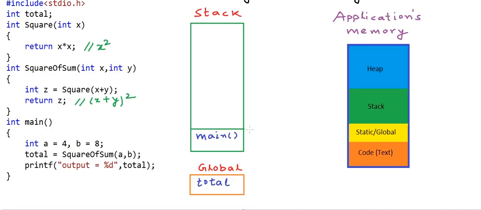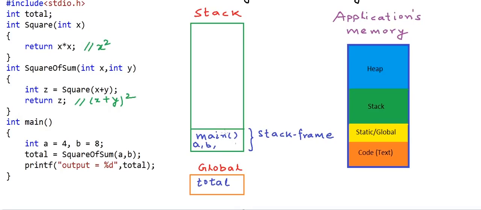The amount of memory allocated on stack for execution of main can also be called the stack frame for the method main. All the local variables, arguments, and the information where this function should return back to, all this information is stored within this stack frame.